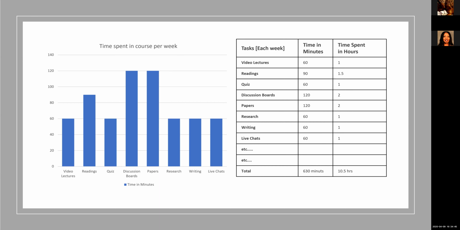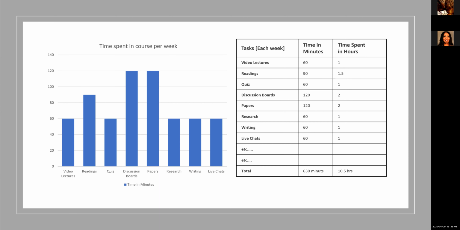Think of this as a template for whatever it is you already do and how you plan to teach online. You plug in the activities and your guesstimate of the amount of time it might take your students to complete them. And then the spreadsheet turns it into hours.